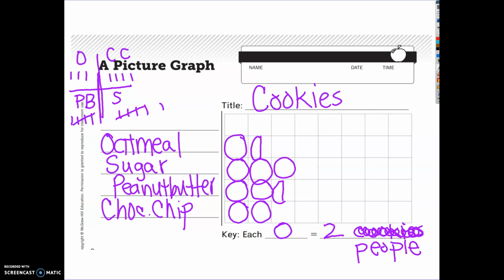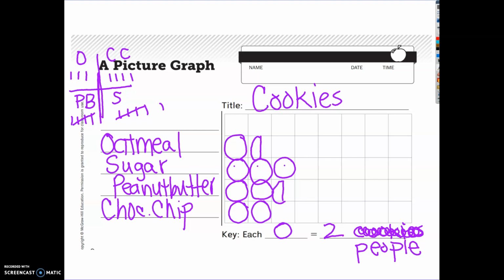I could say, how many more people liked sugar cookies than peanut butter cookies? Well, 6 people liked sugar cookies. Okay, 2, 4, 6, and only 5 people liked peanut butter cookies. So I would do the difference. 6 minus 5, 1. 1 more person liked sugar cookies than peanut butter cookies.